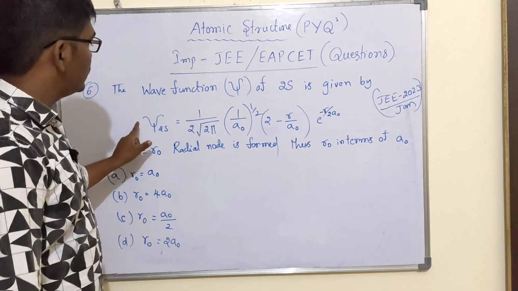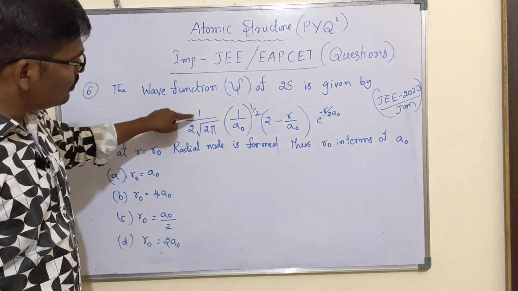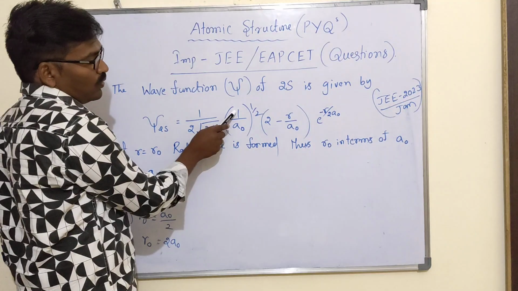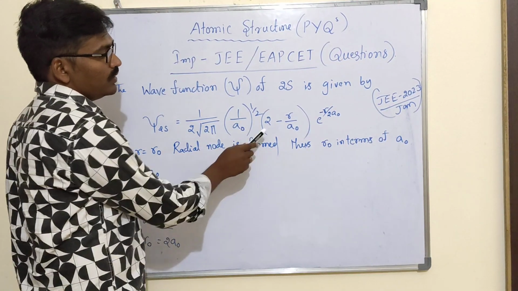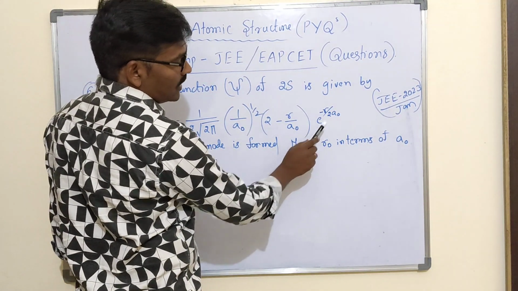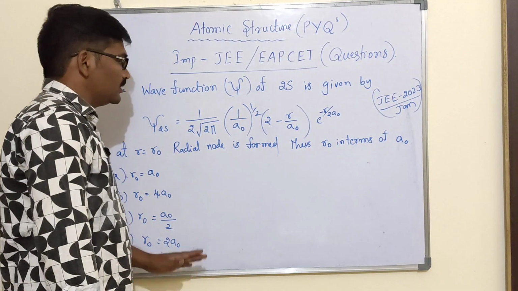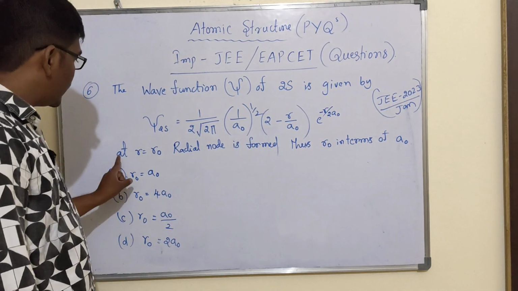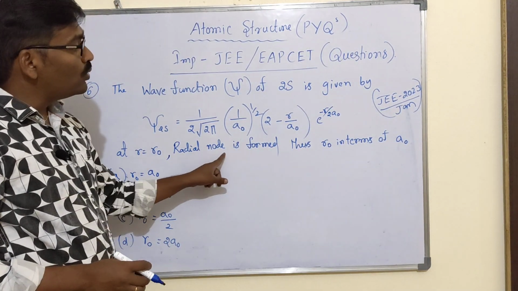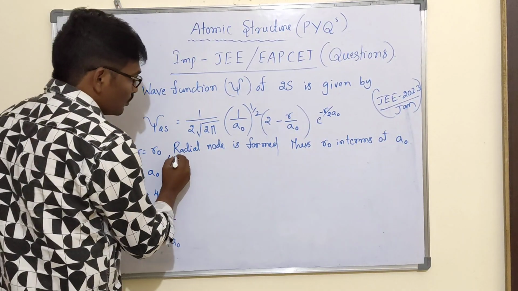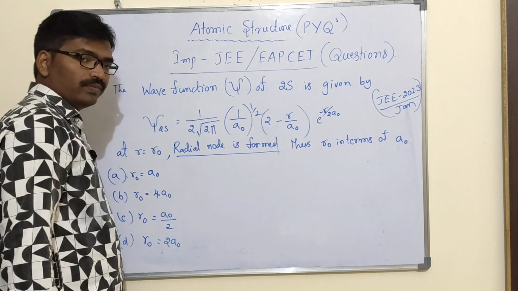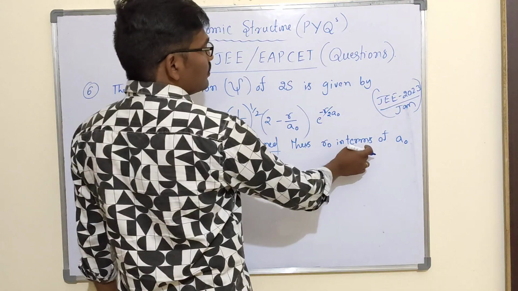Then psi 2s is equal to 1 by 2 root 2 pi into 1 by a naught power 1 by 2 into 2 minus r by a naught into e power minus r divided by 2 a naught. This equation is given. Then at r equals r naught, radial node is formed. Remember, when a radial node is formed, then psi 2s value should be 0. Okay, clear? Thus find r naught in terms of a naught.